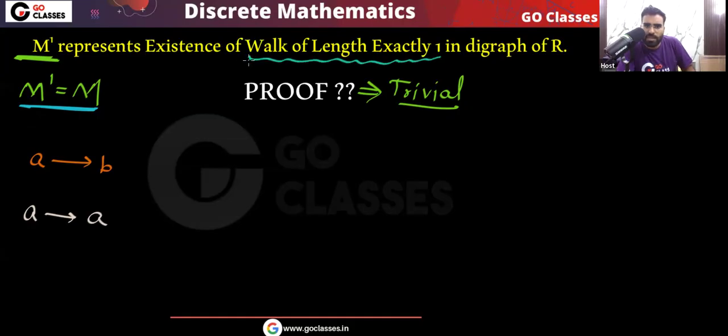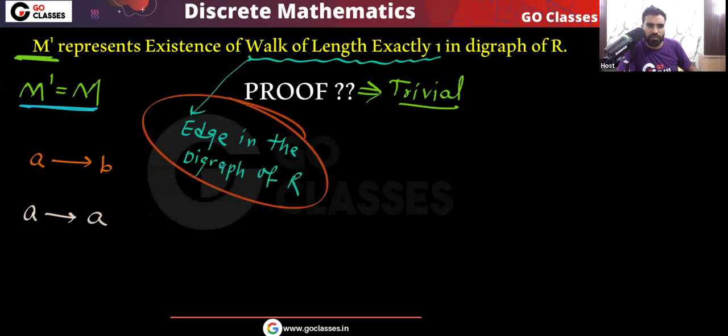That is simply an edge, as in the diagram of R. Do you agree? Walk of length 1 is simply an edge in the diagram of R.